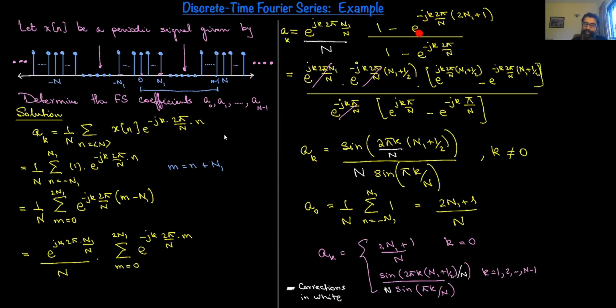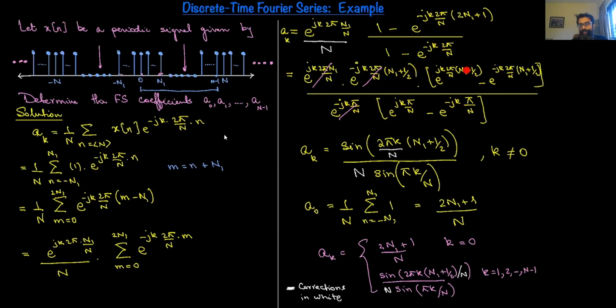So e raised to minus j theta by 2 I took common, right? So this is e raised to plus j theta by 2 minus e raised to minus j theta by 2. And exactly this is what I do with the denominator as well. I take e raised to minus j theta by 2 as common outside, so this is plus theta by 2 minus e raised to minus j theta by 2.